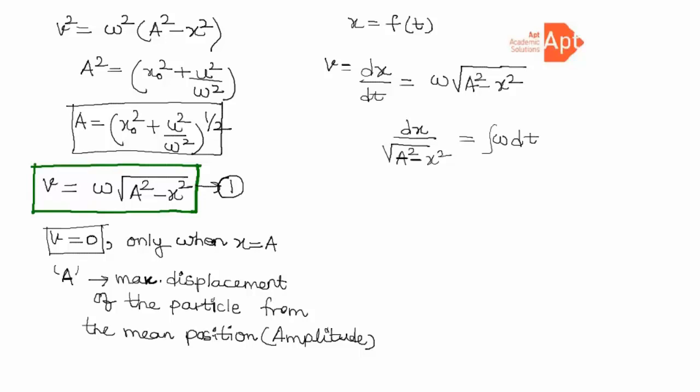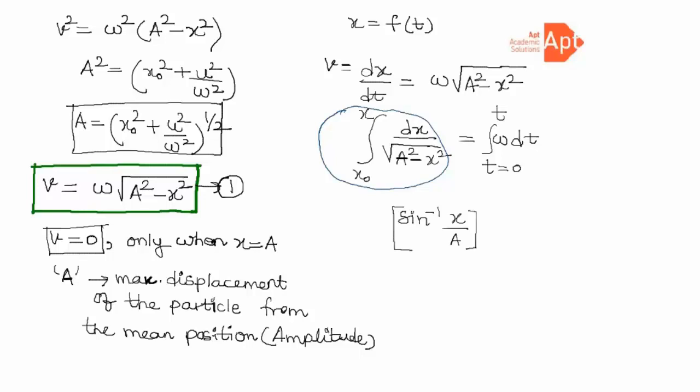Now integrating the two equations, we have from t is equal to 0 to t is equal to t, the x will be varying from x is equal to x naught to x is equal to x. This term is a standard integration. We will do it as well, but as of now I am writing the result directly. It gives us sine inverse of x by a.